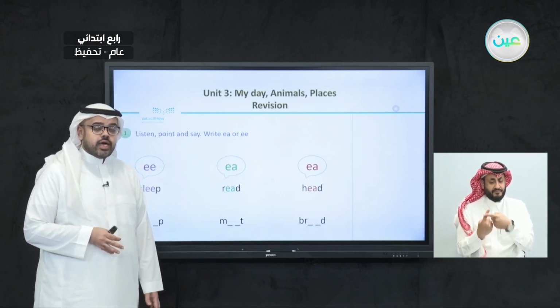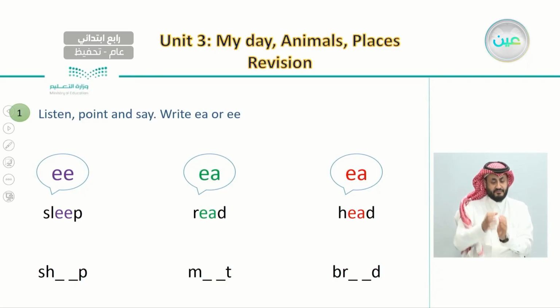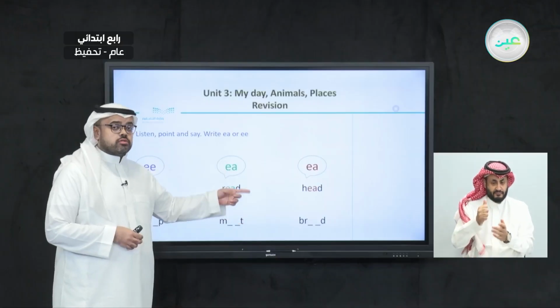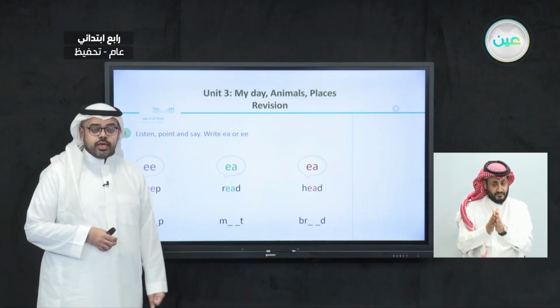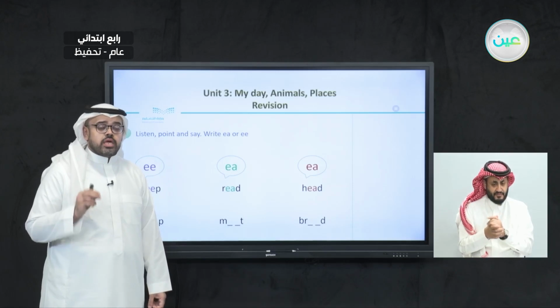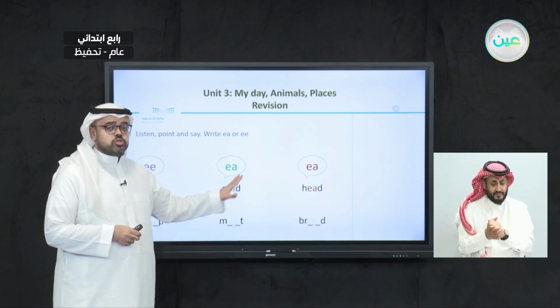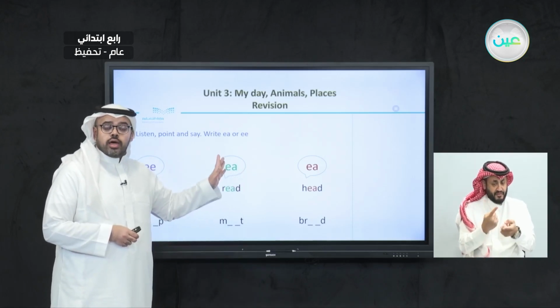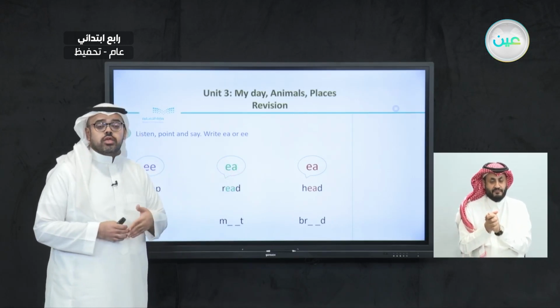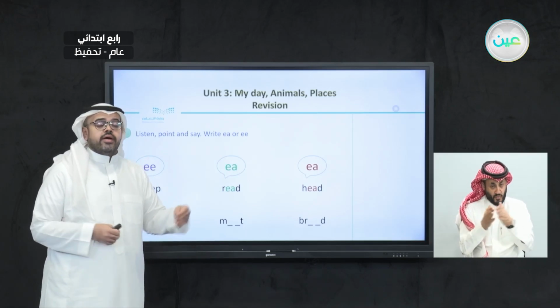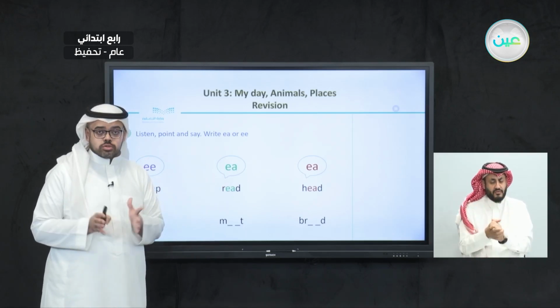The first sound starts with E, the second sound starts with EA, and the other sound also starts with EA. But we said that of these 2 EA sounds, the first one has the longer version and the second one has the shorter one.